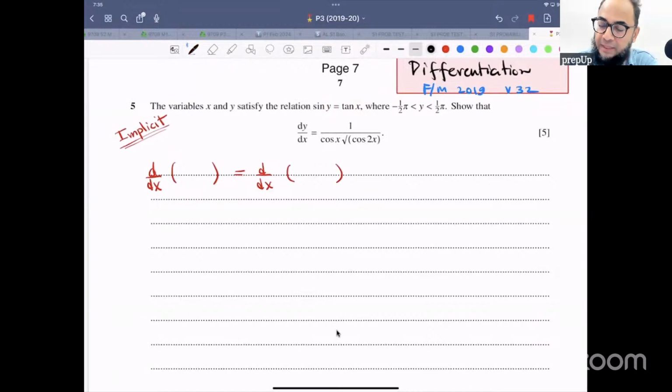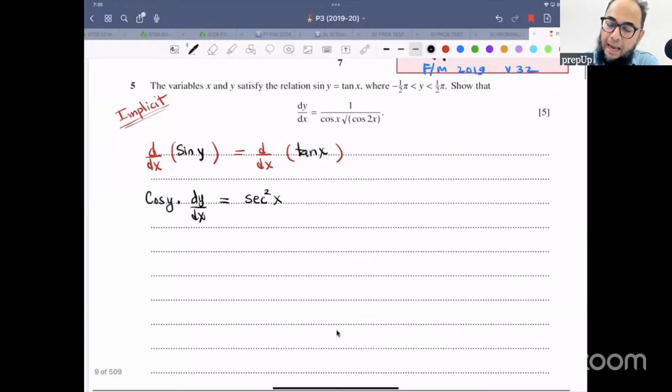So we have sine y, we have tangent x. Now the rule is whenever you differentiate something in terms of x, it doesn't make a difference. When you differentiate in terms of y, you have to write dy by dx for compatibility. So the derivative of sine y is cosine y multiplying with dy by dx. Differentiation of tangent x is sec square x.